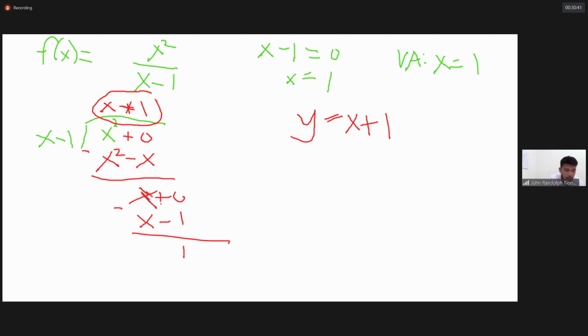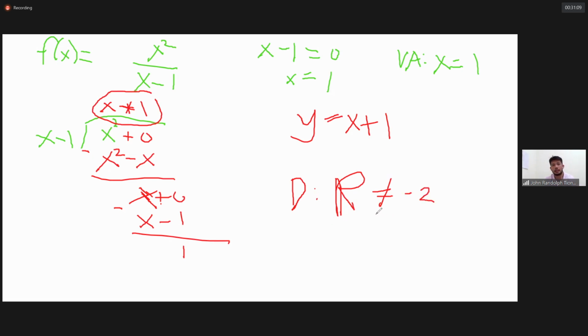So what do you think is the domain of this function, guys? So group chat lang, please. What do you think is the domain of this function? Domain. Okay, correct. All the real numbers except negative 2. Ayan, pwedeng you can have it that way.